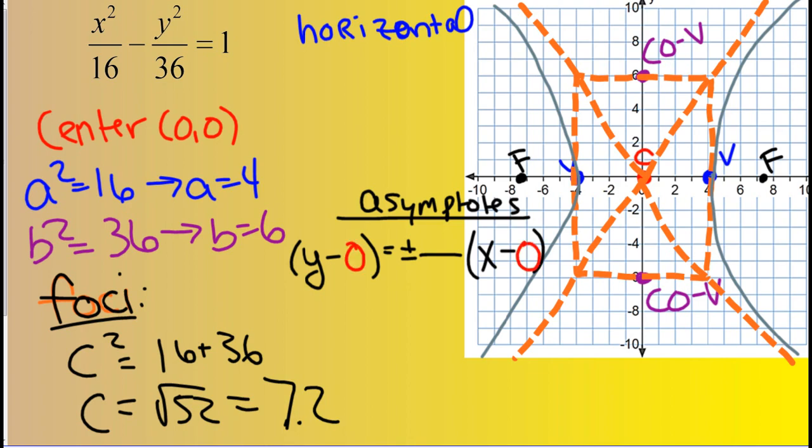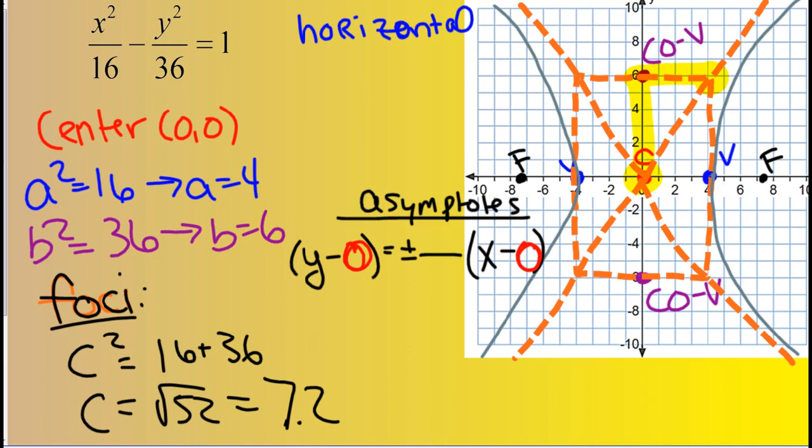And to find that slope, all we have to do is count from center up and over to that point at the corner of my rectangular box. So if I'm counting that, it's up 6 and over 4.